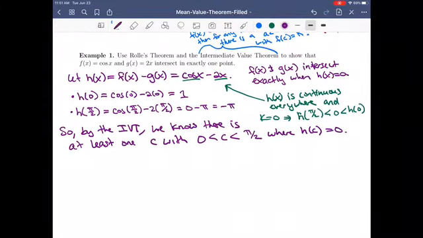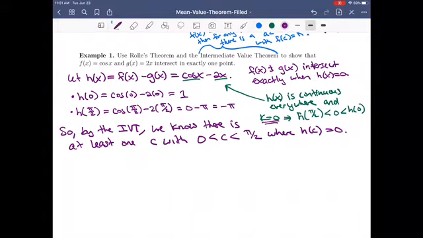Okay, so that was our k value. So the intermediate value theorem ensures that there's at least one x value, we're calling it c, where we hit this y value. Okay, but we're not quite done.